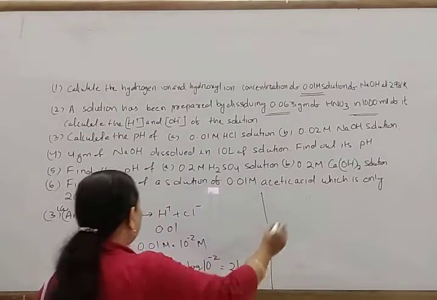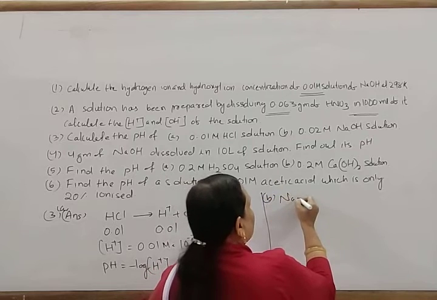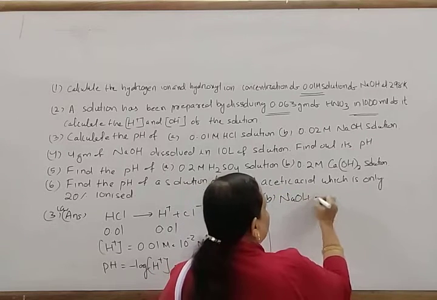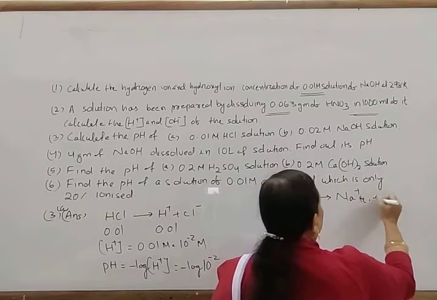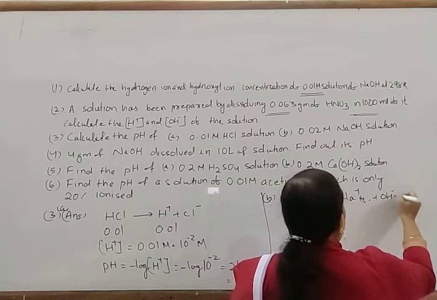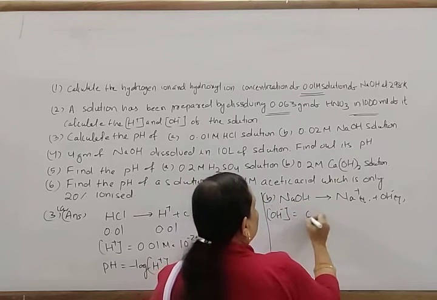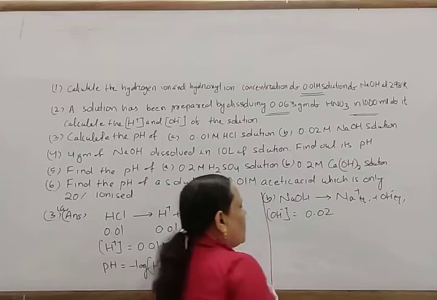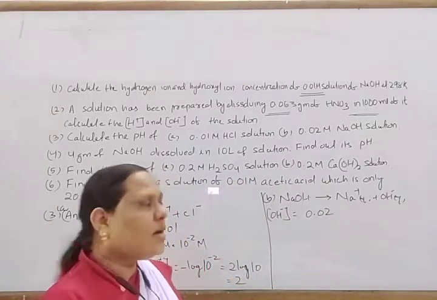Next, find out sodium hydroxide. So for 3b, sodium hydroxide dissociates to give Na plus aqueous and OH minus aqueous. In this way, the OH minus concentration is 0.02. First, let us find out the H plus concentration from it.